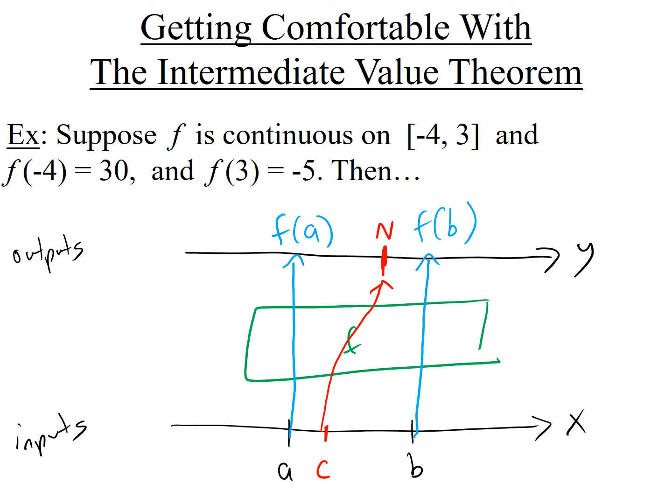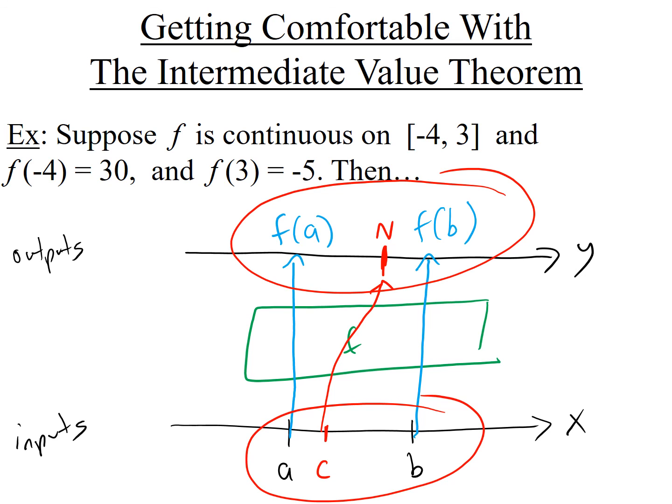If I say state the intermediate value theorem, you would say if f is continuous on a closed interval AB, that means the function's nice. It's continuous on the closed interval AB with brackets. The second thing you would say is, and if you have a number n between f of A and f of B. So if you picked a number between f of A and f of B.